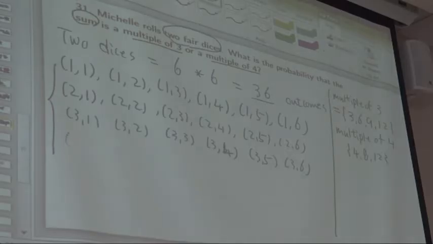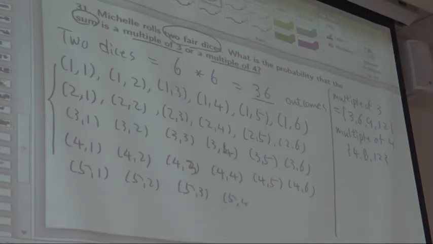I think that is easier to explain to you, so I'm just writing. 4,3, that's the 3. 4,4; 4,5; 4,6; 5,1; 5,2; 5,3; 5,4. Why are 2 not under multiple of 4?